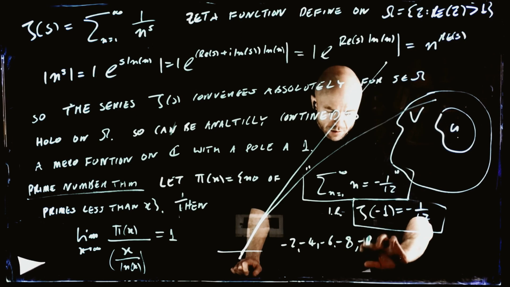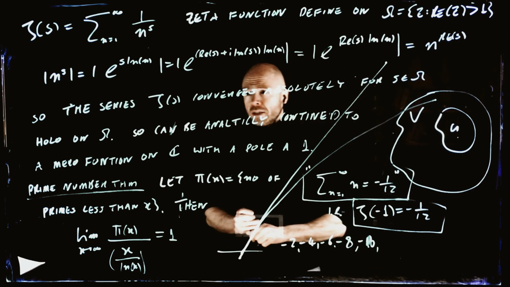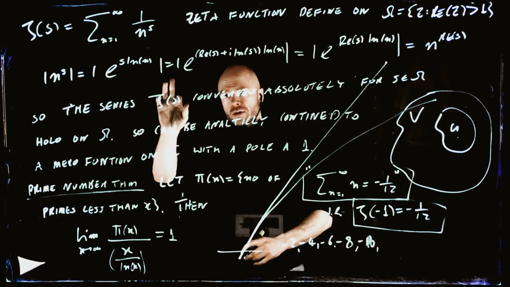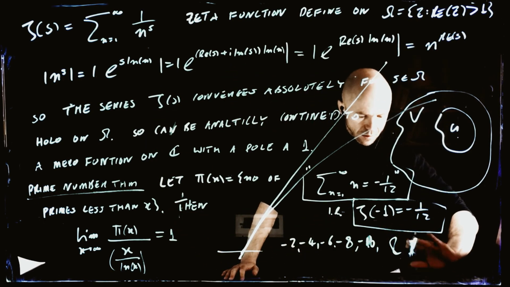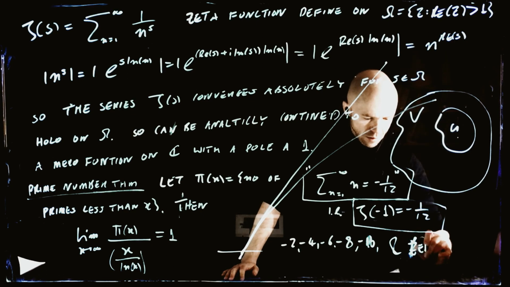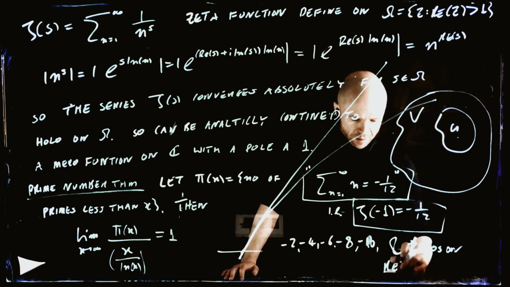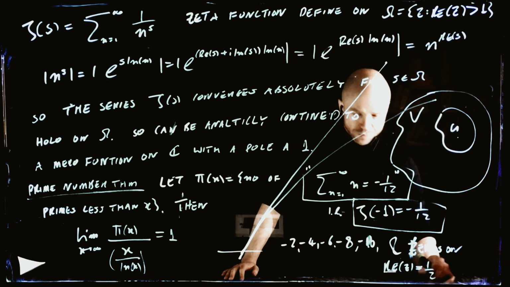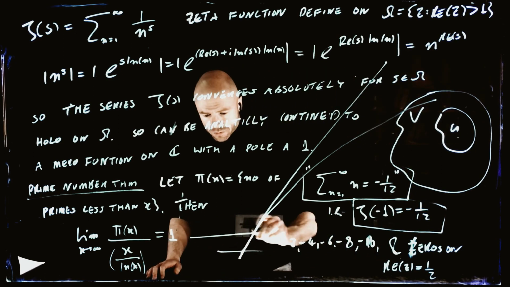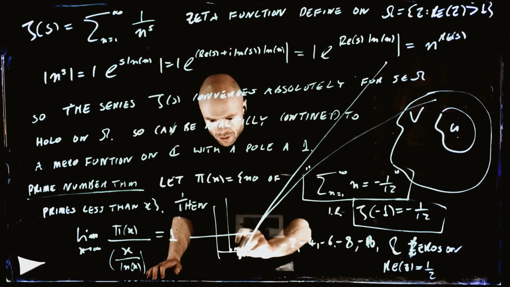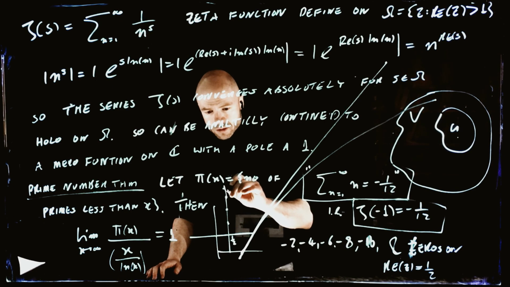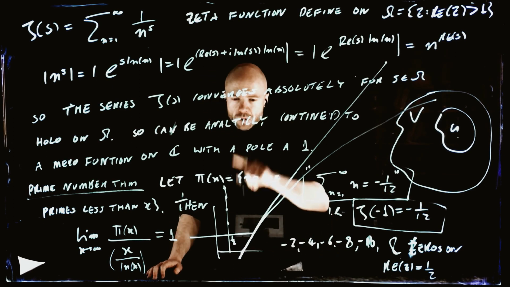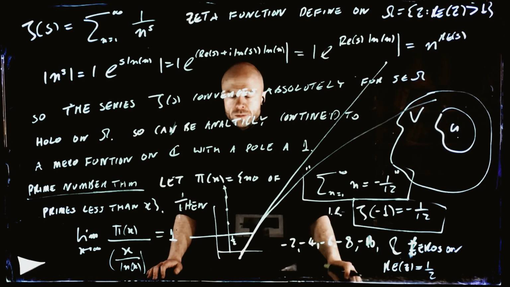And there are many zeros on the line given by the real part of z equals 1/2. Those are the only places where zeros are known, and the conjecture is that the only zeros are those ones and the ones that live on this line where the real part is 1/2.